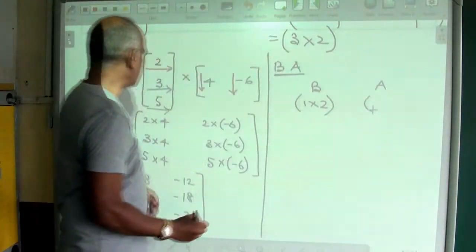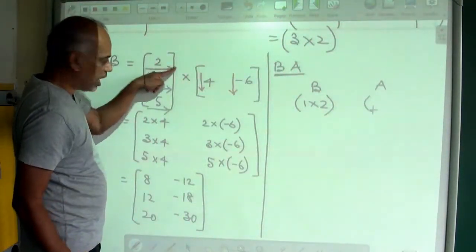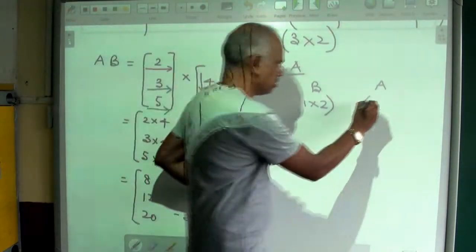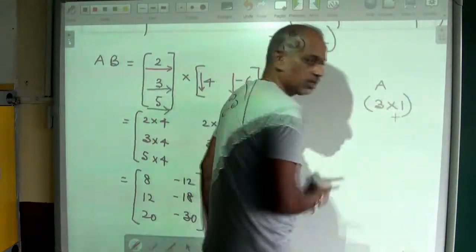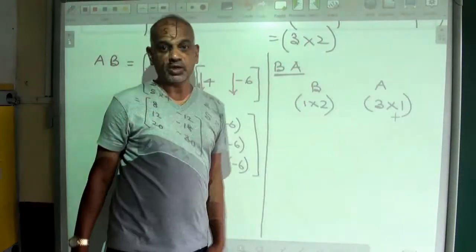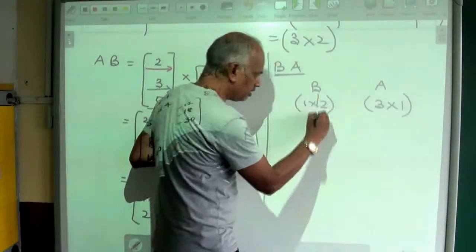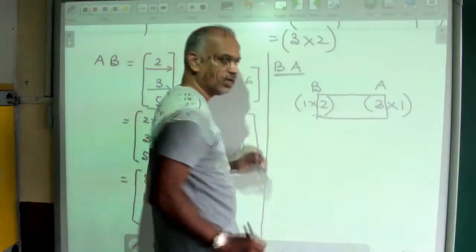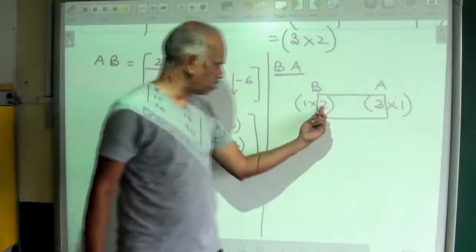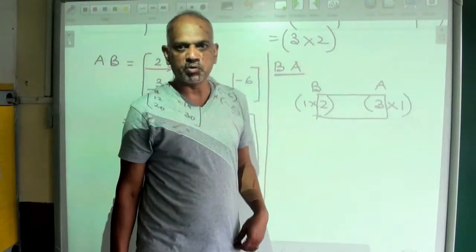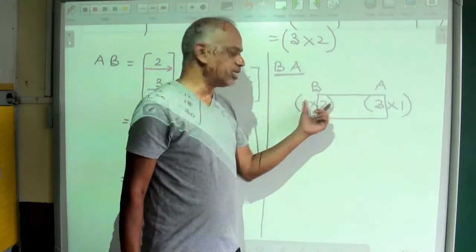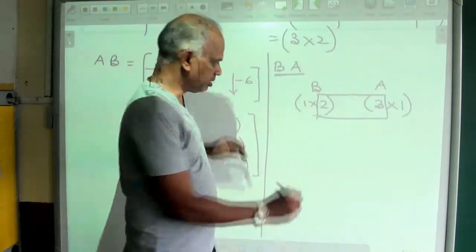And A's order is 1, 2, 3 rows by 1 column. First check whether you can multiply them. If these two numbers are same, then only you can multiply. Are these two numbers same? No. This is 2, this is 3. They are not equal.